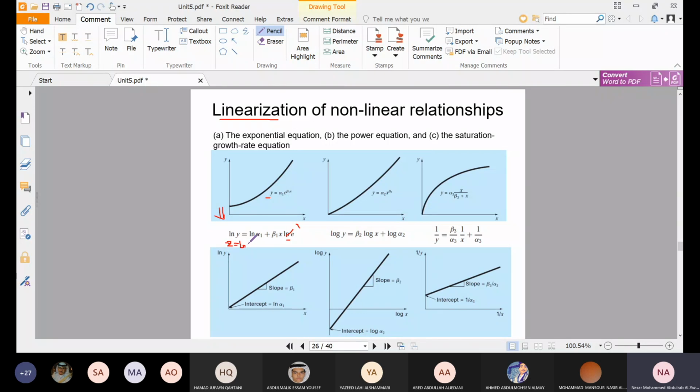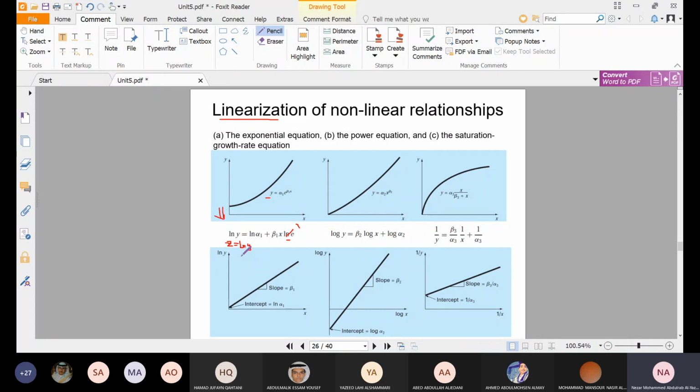Sorry, ln y. I might use a new variable to represent the new observation, so this observation is equal to, for example, ln y.